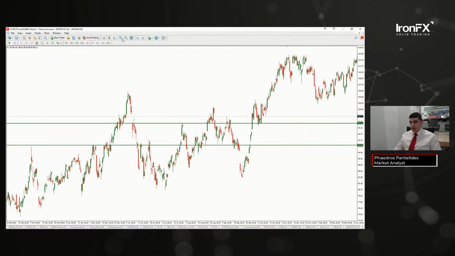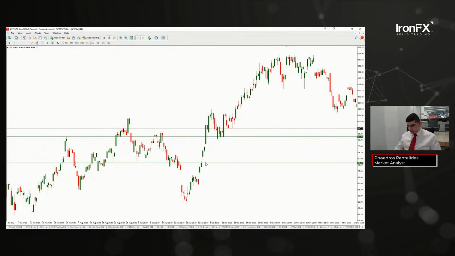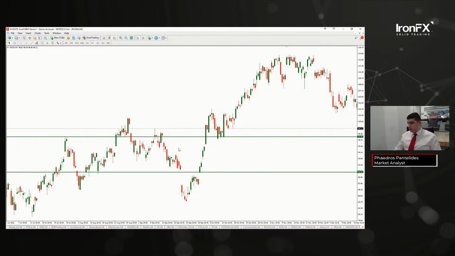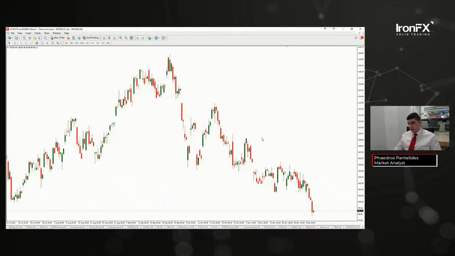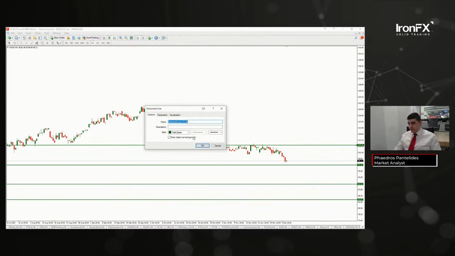So where are we going to place our support level at S2? Previous low, 89.96. And then S3, 83.87. And then R1, 105.20.